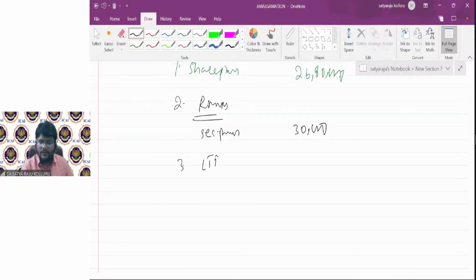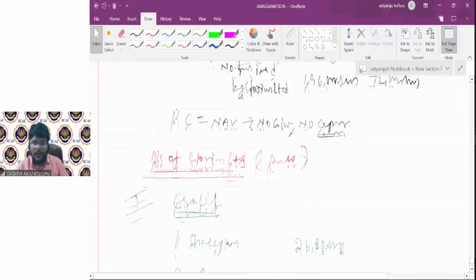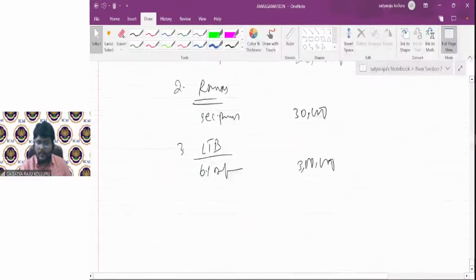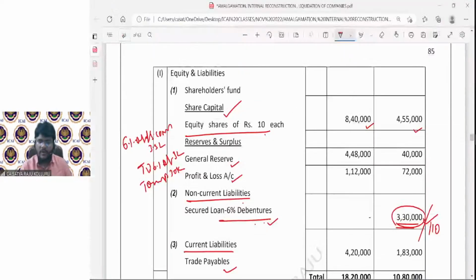Next, long-term borrowings. Just now you issued the 6% debentures, which are 3 lakhs. Sir, what are the remaining liabilities we have? You can check the trade payables. We have the trade payables for 4,20,000. Then you can come here. Fourth one, current liabilities, which is trade payable.